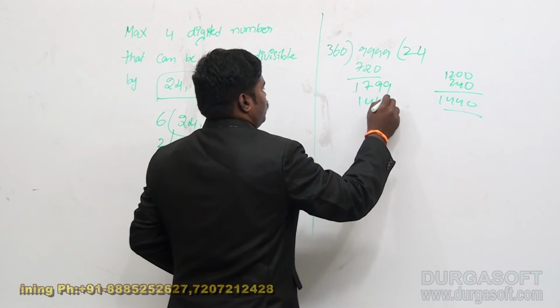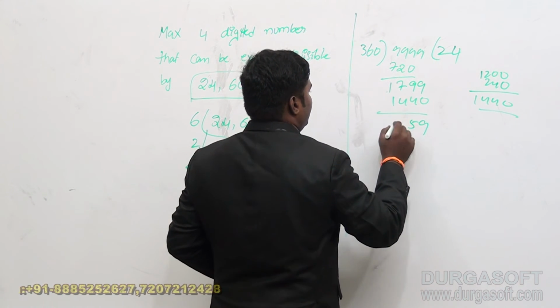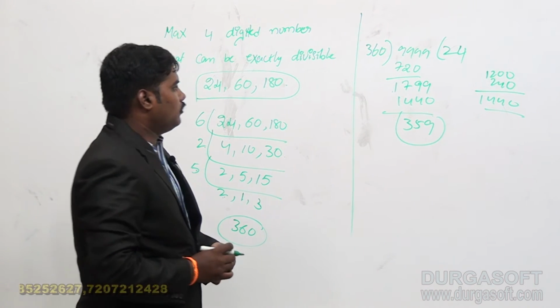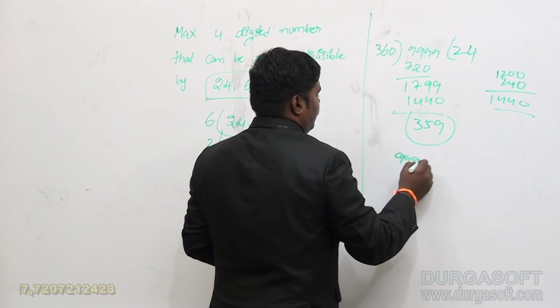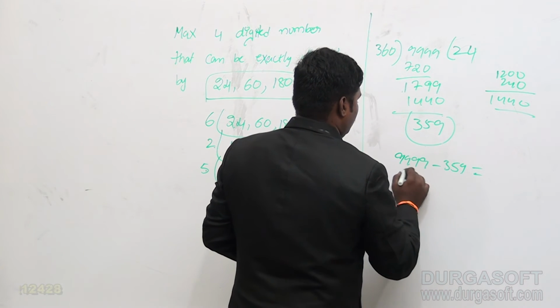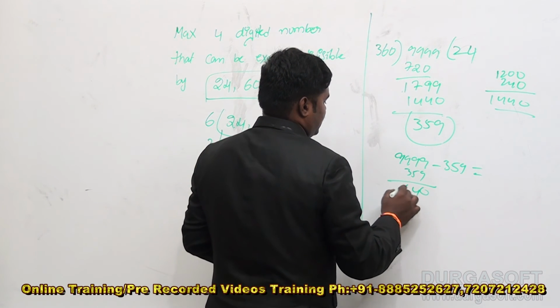You can substitute this and get the remainder 359. When you subtract this 359 from 9999, 9999 minus 359, you get 9640.